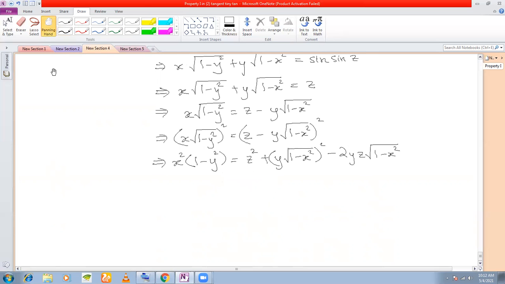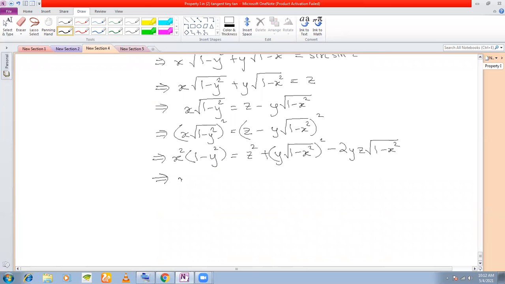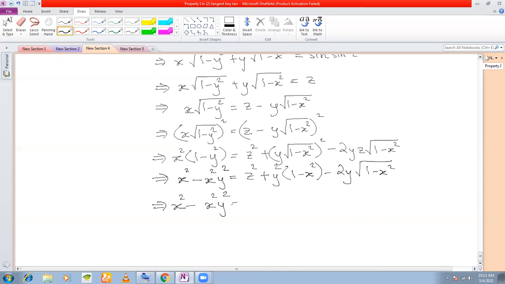So now you get x square minus x square y square is equal to z square plus y square into 1 minus x square minus 2yz root 1 minus x square, which is z square plus y square minus x square y square minus 2yz root 1 minus x square. So now minus x square y square cancels from both sides.